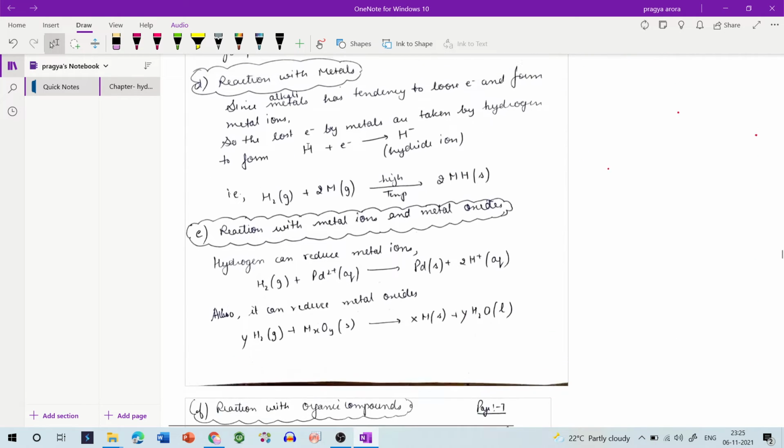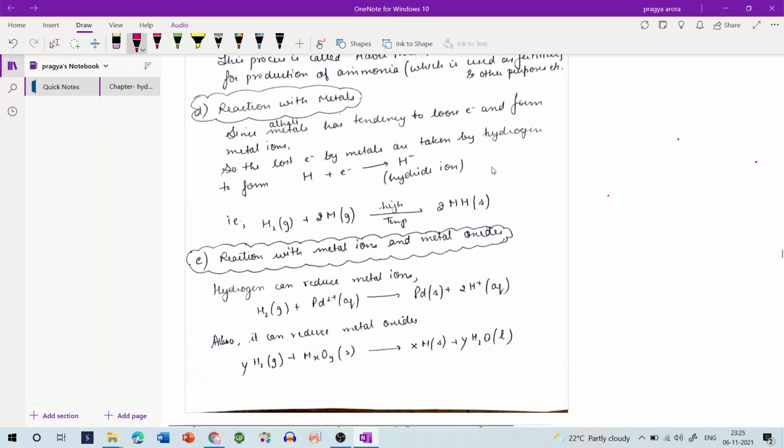Metals being electropositive means metals have a tendency to lose electrons and form M+ ions, and electrons are released. So metals are electropositive in nature.